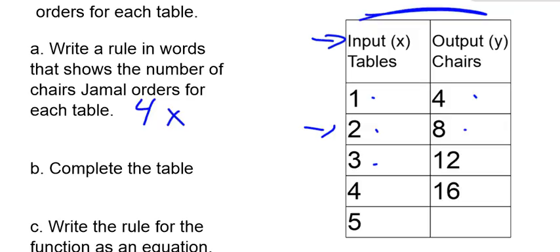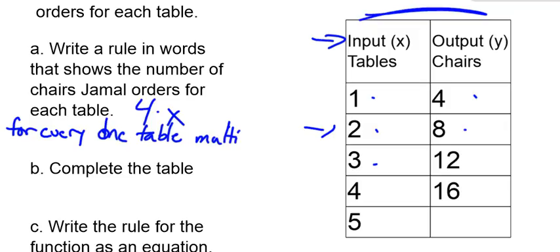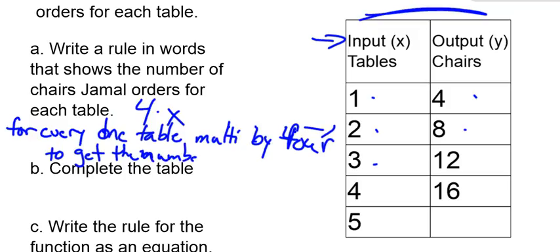So 4 times x. So in words, I would write that as for every 1 table, multiply by 4 to get the number of chairs.